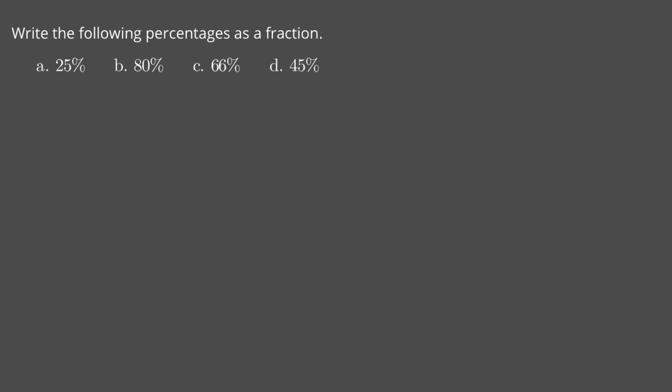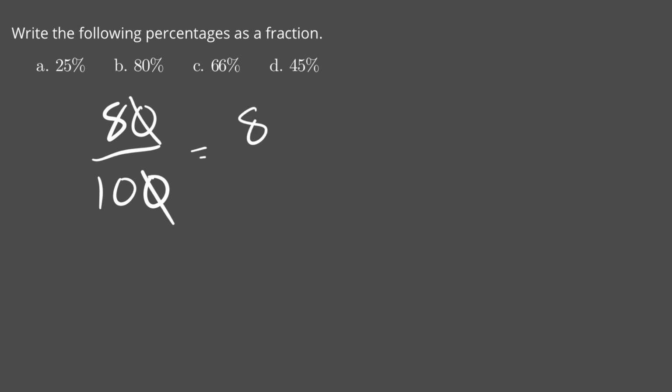For part B, we do the exact same thing. We take 80%, we write it over 100, we erase the percentage symbol, and we simplify. 80 and 100 both share a common factor of 10, and we know that because they both have zeros, so we can cross those out.